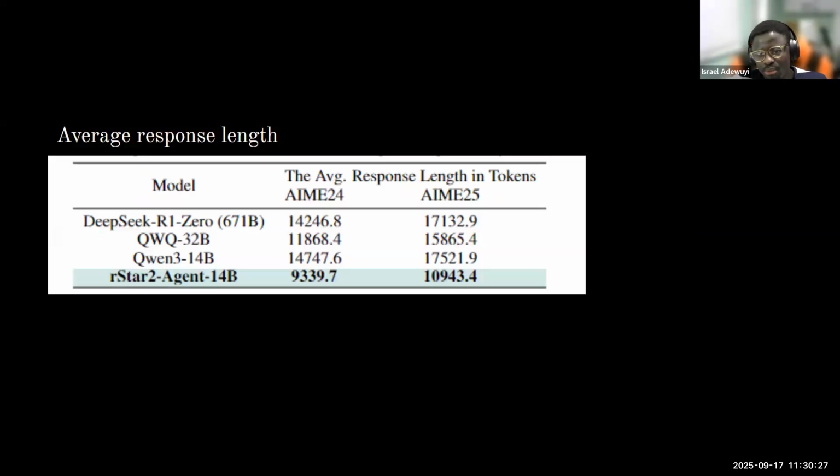Another thing that the authors emphasized in the paper was the difference in the response length. Again, I said earlier that one of the problems with multi-turn agentic training is that you could very easily have long chains of thought.